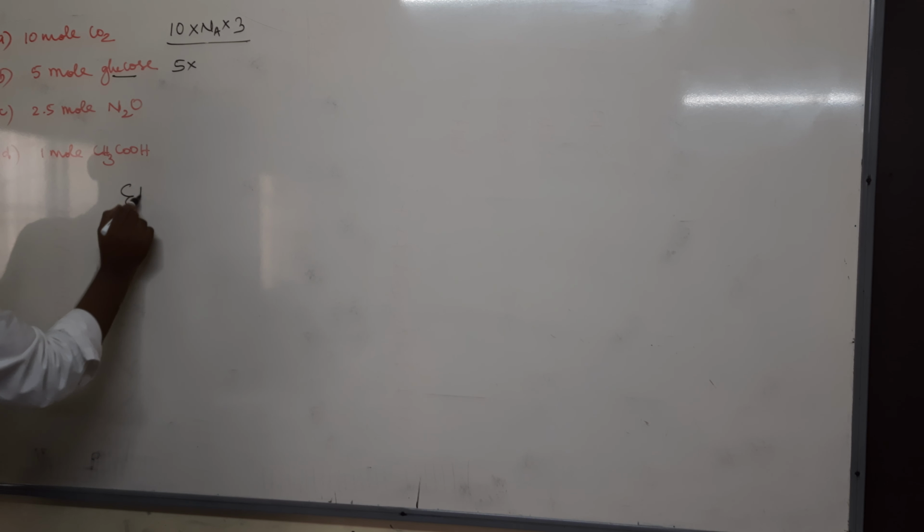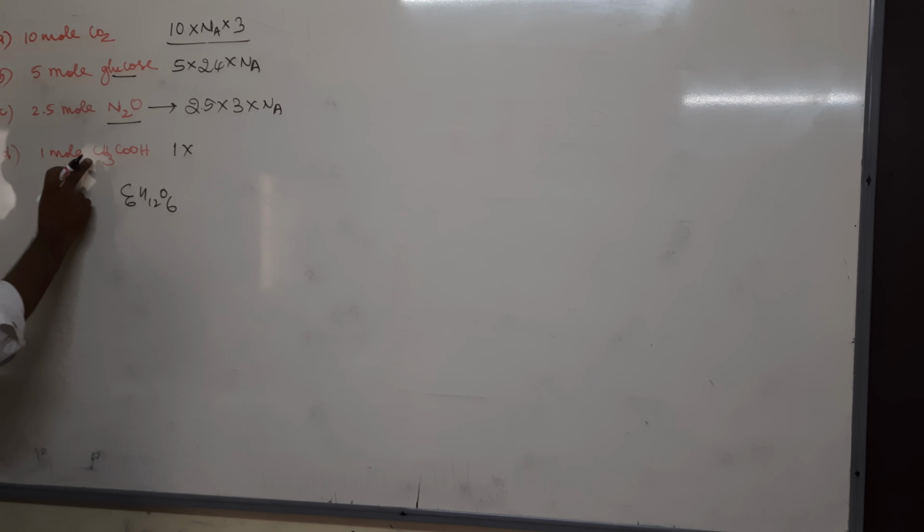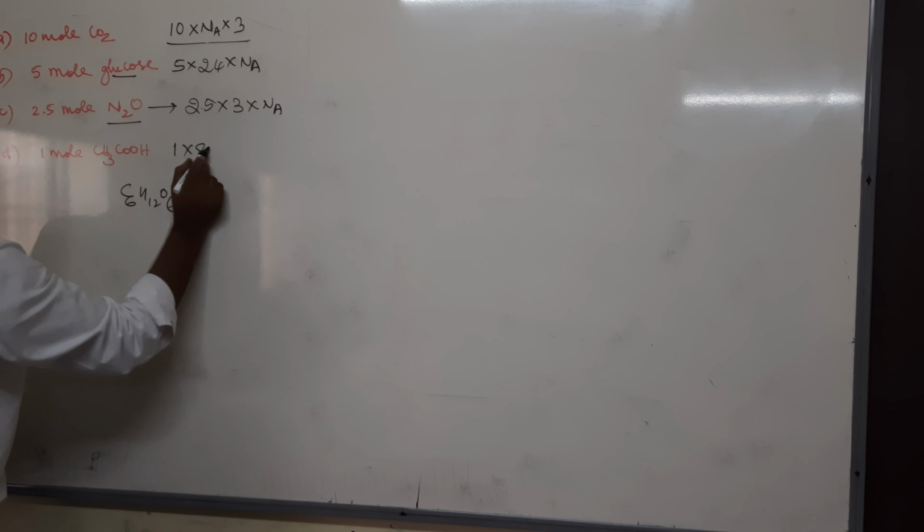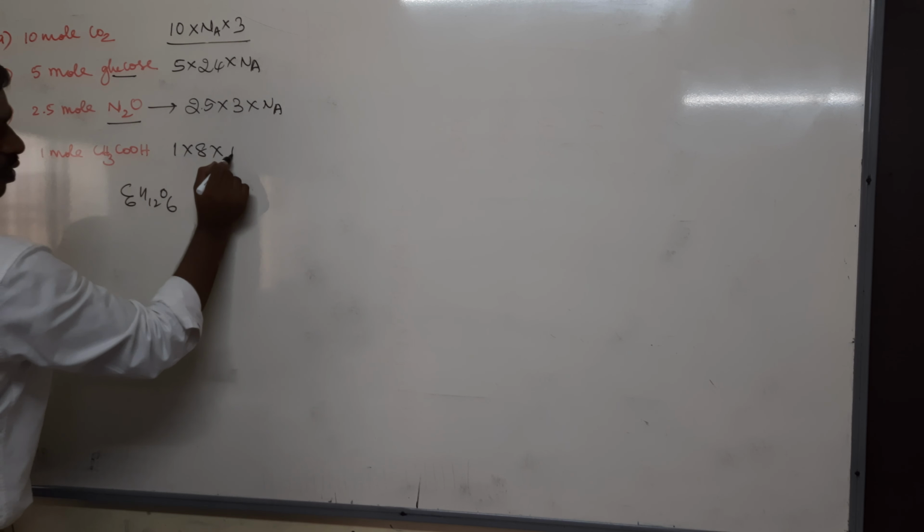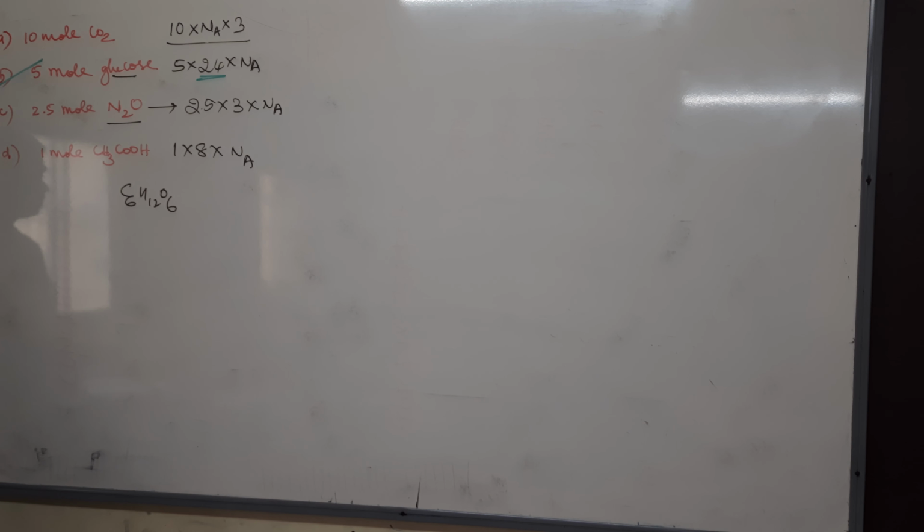Glucose C6H12O6, 24 into Na. Here 2.5 into atomicity 3 into Na. Here 1 mole into atomicity 8 into Na. So which has more number of atoms? Glucose, because atomicity is 24. That's what it has, highest number of atoms.